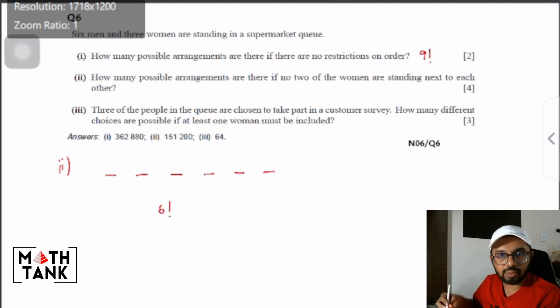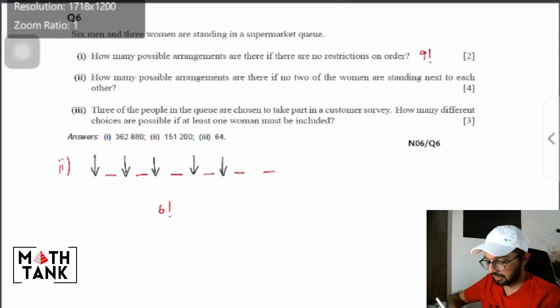So 6 factorial. Now, when you're getting the women to stand, you need to make sure that they're not standing together, which means that they need to have 1 man or 2 men or 3 men between them. So I'm going to say that the women can come up on these arrows. These are empty spaces that they can choose to stand on, and there are 7 of these spaces.